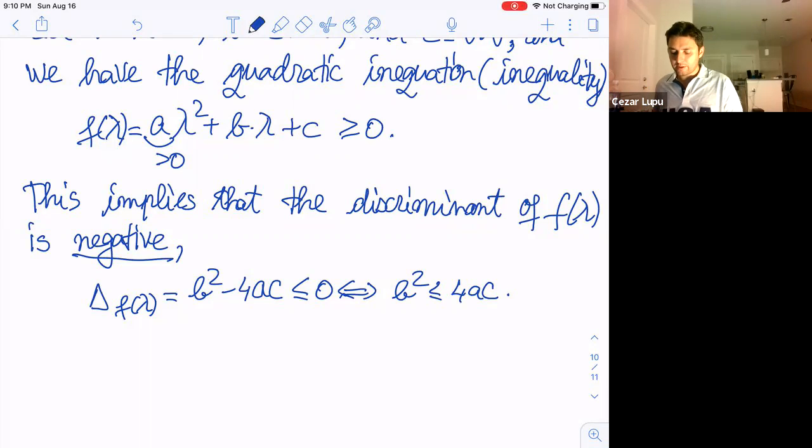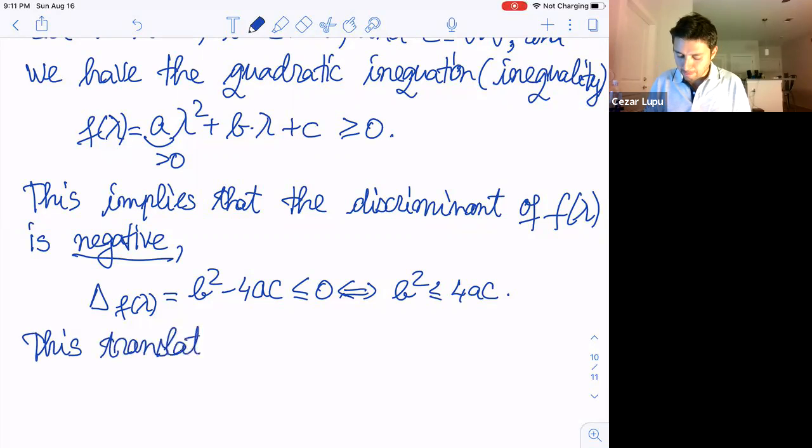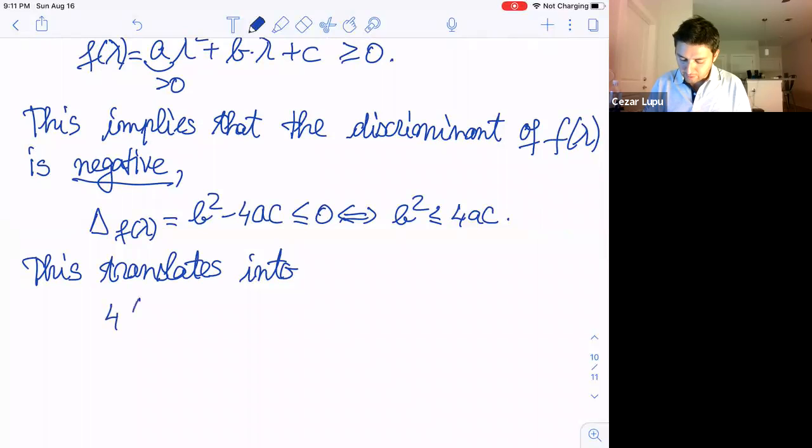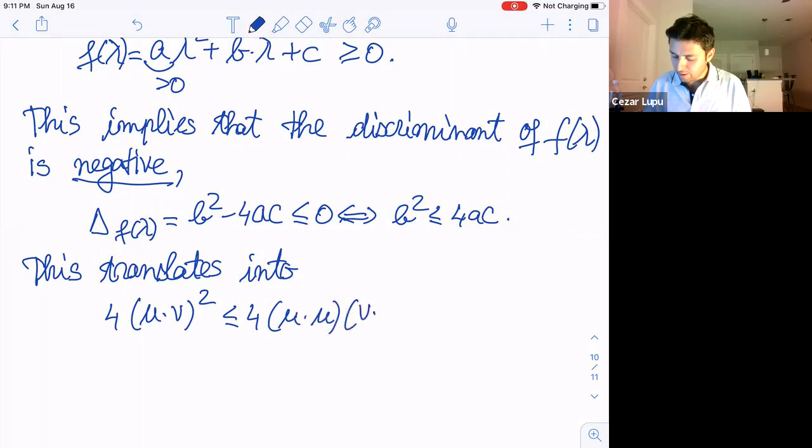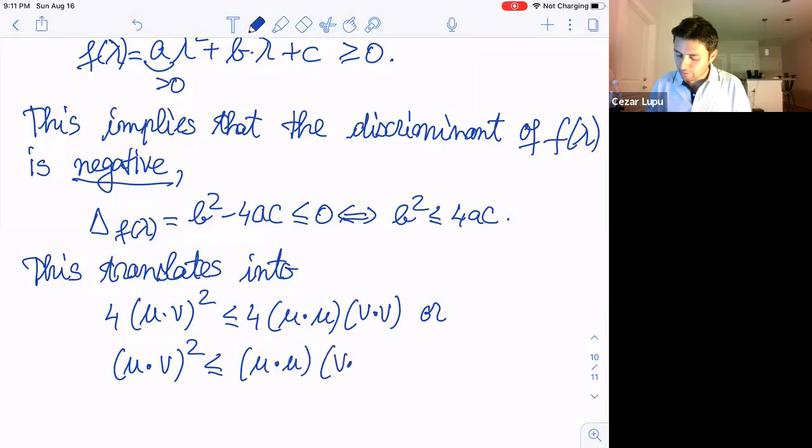And this inequality here translates into the following: 4 times u dot v squared is less or equal than 4 times u dot u times v dot v. And again, this will be u dot v squared is less or equal than u dot u times v dot v.